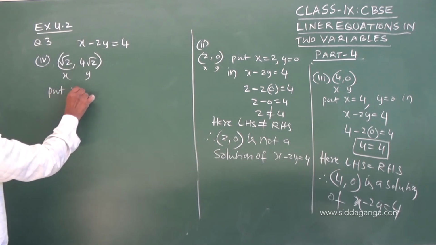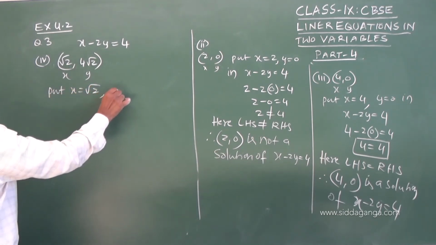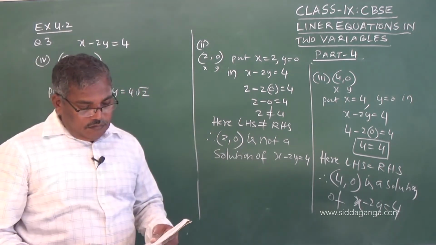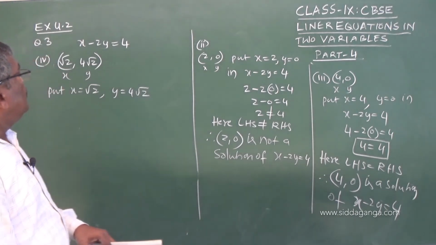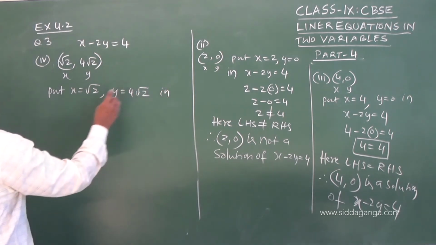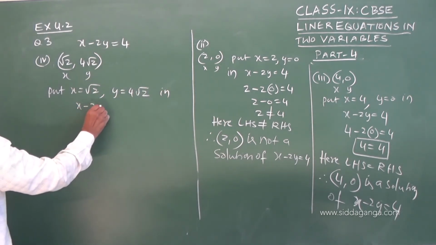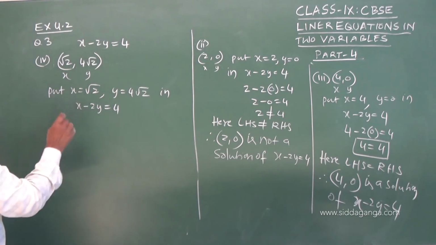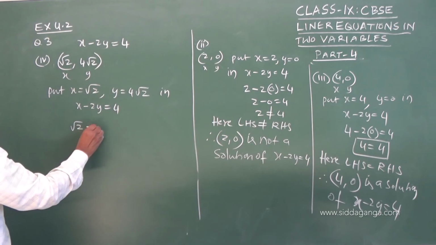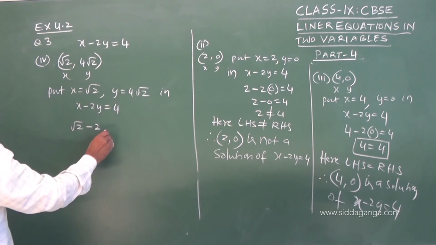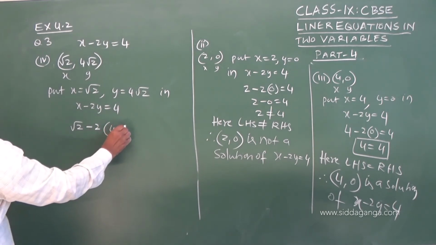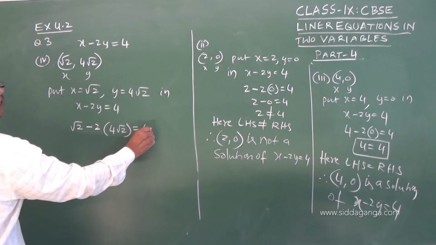Put x equals root 2, y equals 4 root 2 in x minus 2y equals 4. You carefully substitute the values. X is root 2, so root 2 minus 2 into y, which is 4 root 2, equals 4.